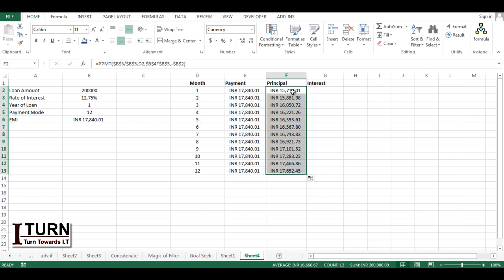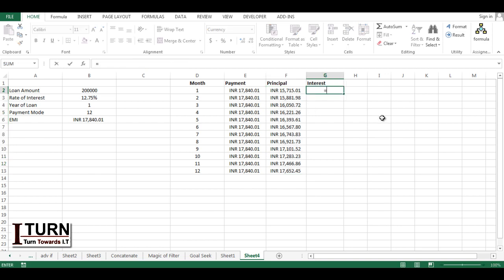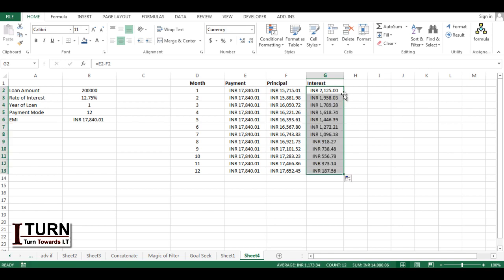In the first month it's going to be 15,715. The second month it's going to be a bit more, and so on. In order to get the interest amount, it's quite simple: equal to the total payment that I'm going to make, subtract the principal amount, and that's the interest amount. You can see the interest amount initially was higher and later on it's quite less.